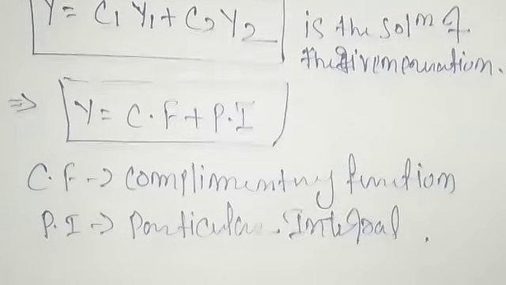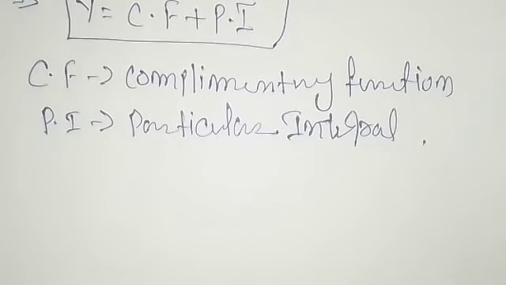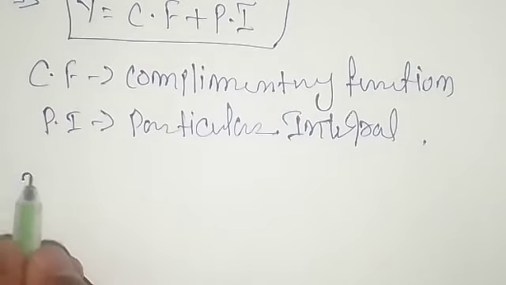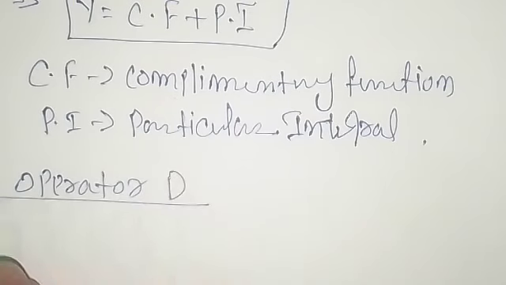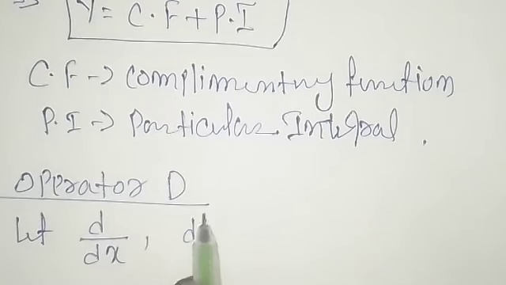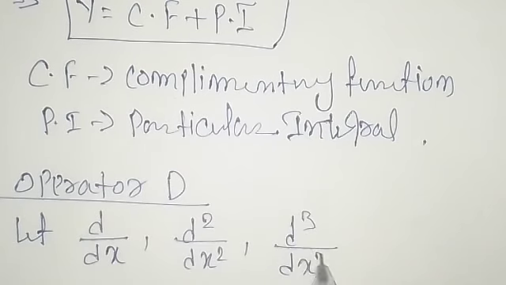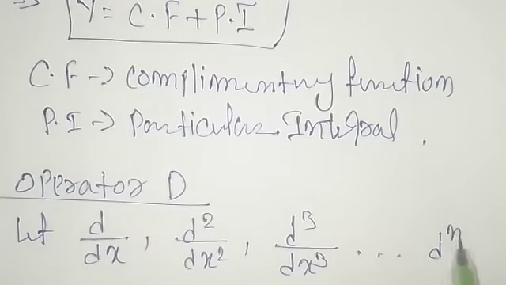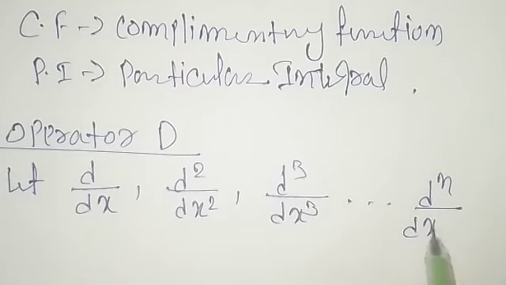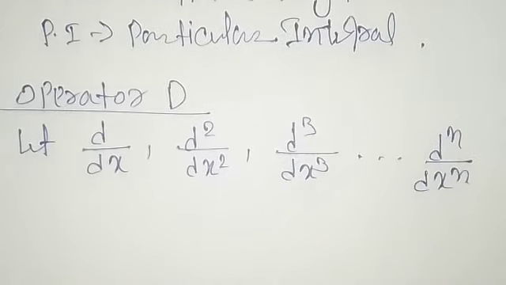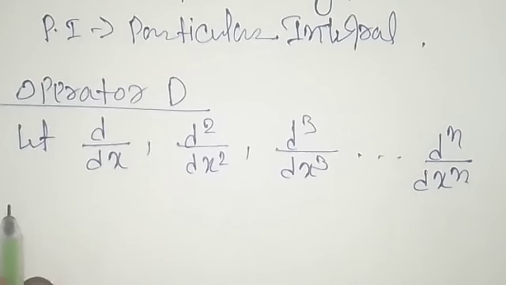Now, a higher order differential equation is given in the operator D, so you must know the operator D. This is just a basic. We have d by dx, d square by dx square, d cube by dx cube, and so on, d to the power n by dx to the power n.